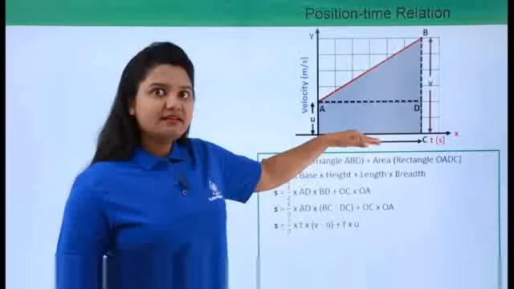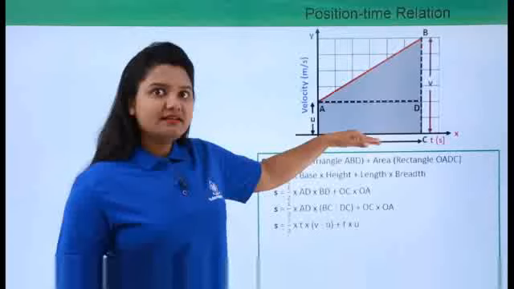In place of V minus U, we add AT, which is from equation number 2. So we have S equals half AT into T plus UT, which gives us S equals half AT squared plus UT. Now, on rearranging the terms, we have S equals UT plus half AT squared.